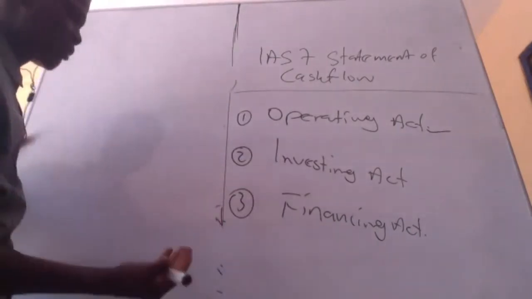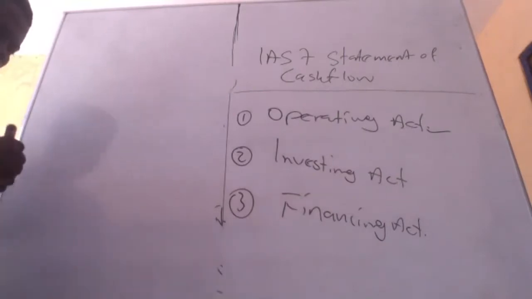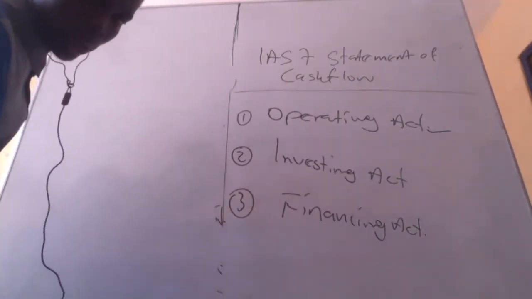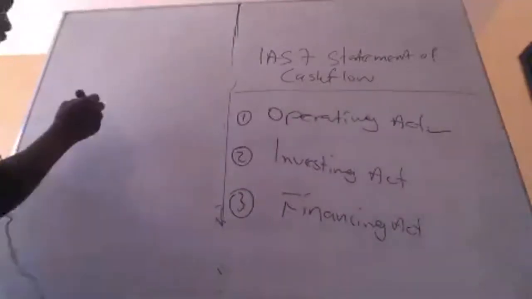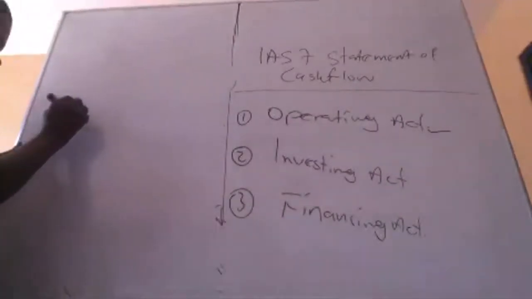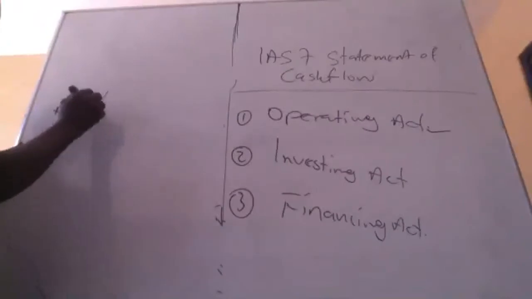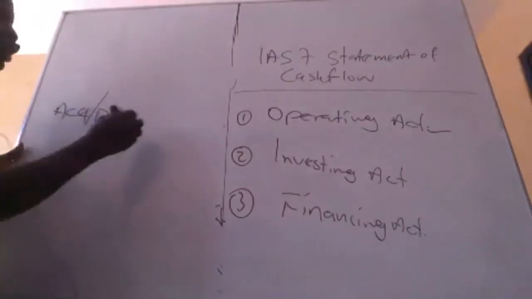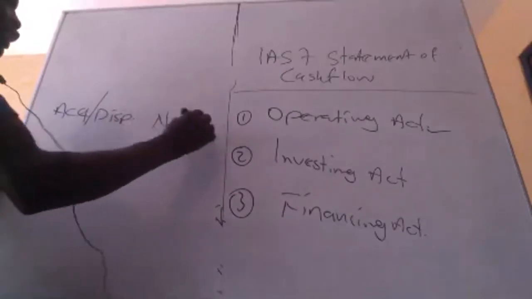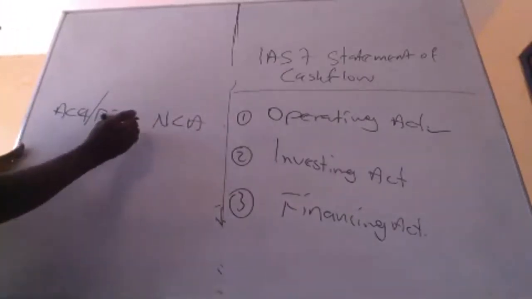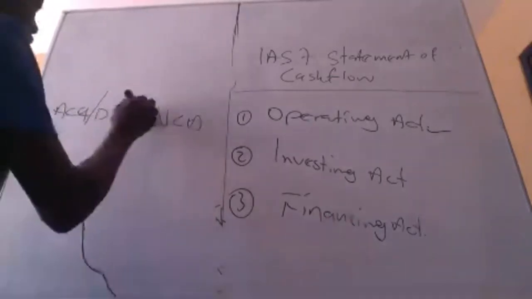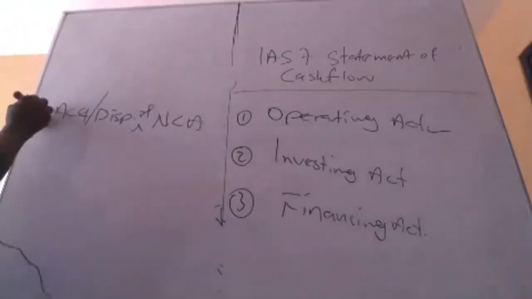It includes investment in all of them. So first we talk about acquisition and what? Disposal. You buy, you sell non-current assets. So acquisition or disposal of non-current assets, that's the first one.